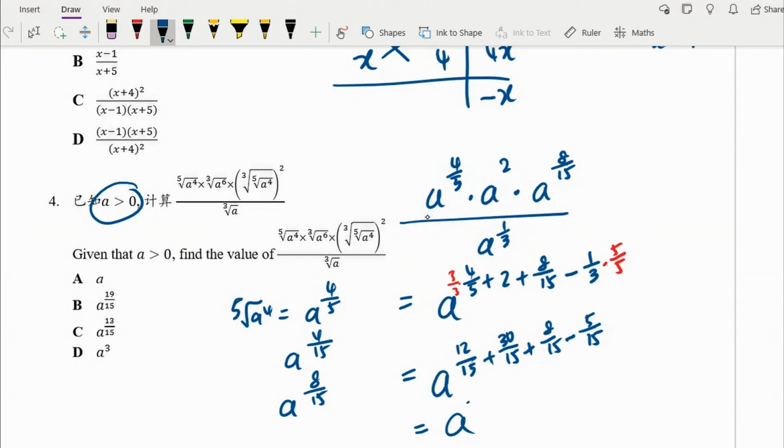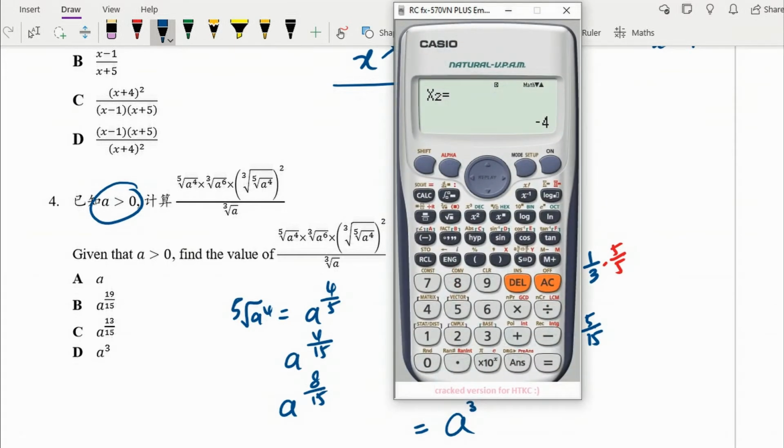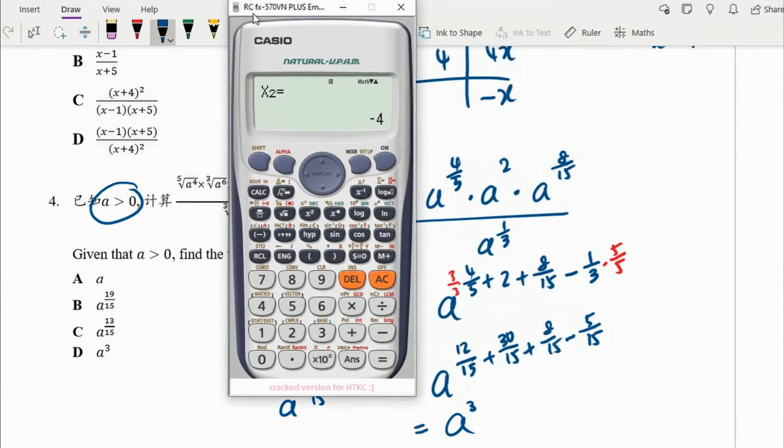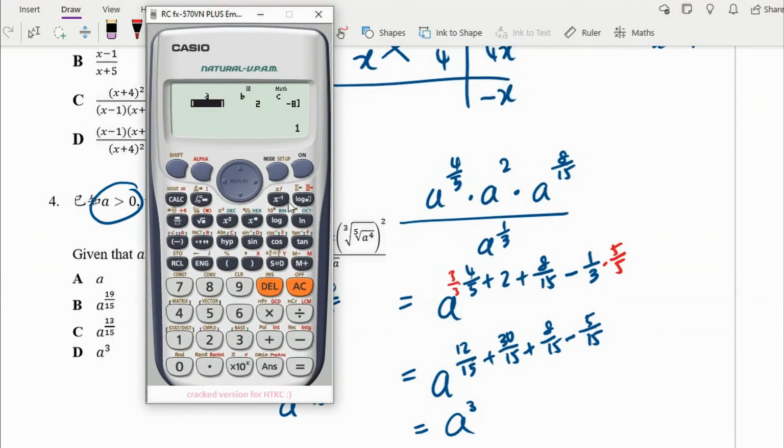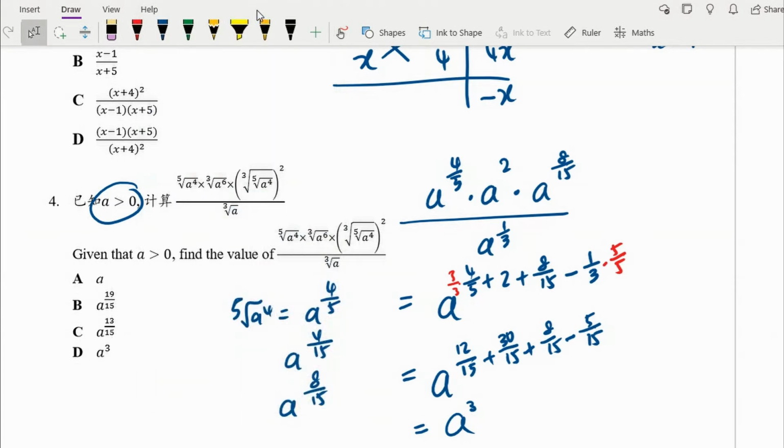Okay, and you can actually press your calculator like this. 12 over 15, then plus with a 2, plus with 4 over 15, then minus 1/3. Yeah, the answer is 3. So the answer is D, right?